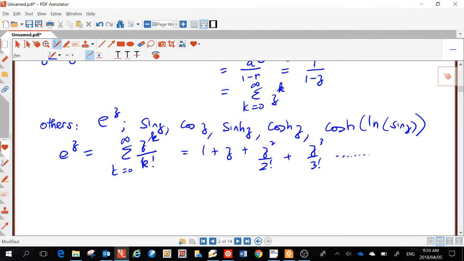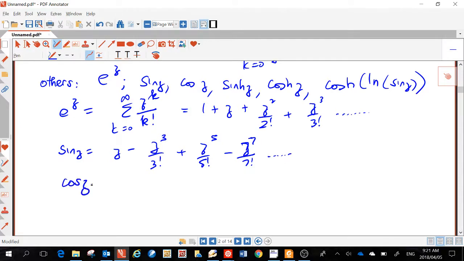Likewise, I can do sine. Let me write a few. Sine z is z minus z cubed over 3 factorial plus z to the 5 over 5 factorial minus z to the 7 over 7 factorial, and so on.